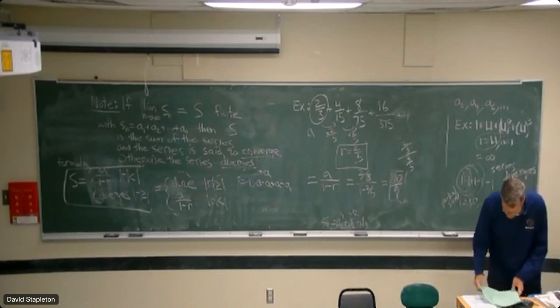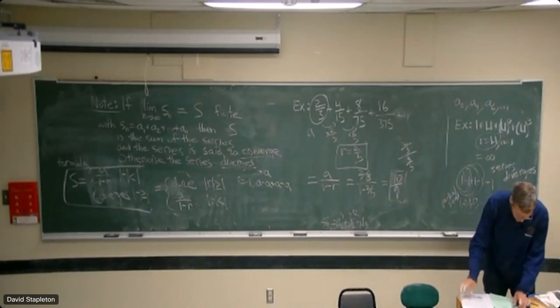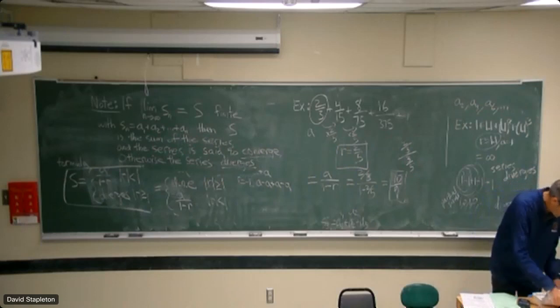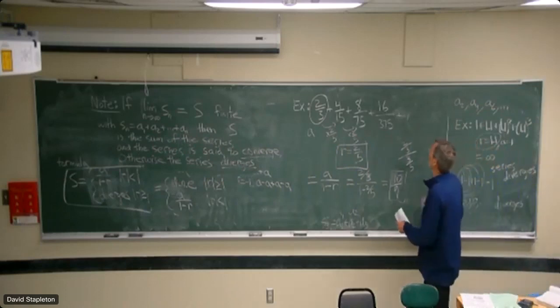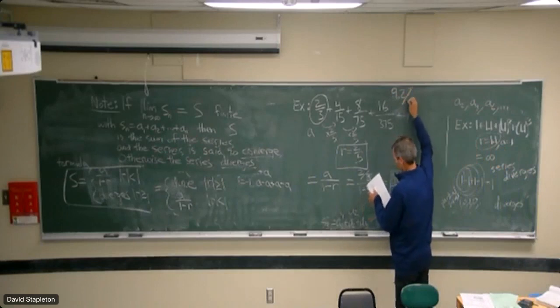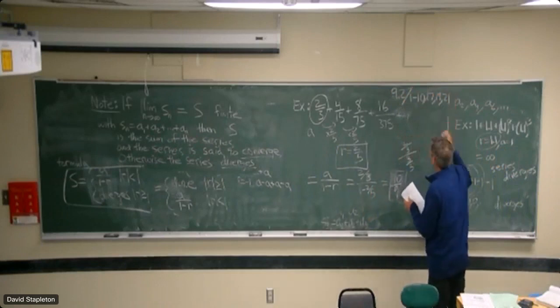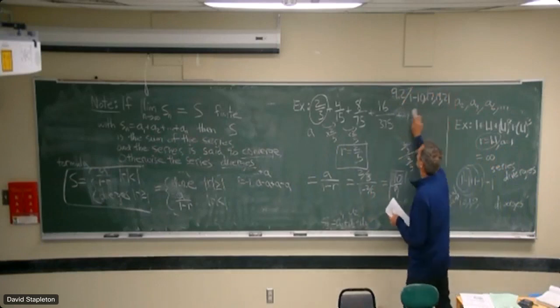Let's see, where's my list? Look at 9.2. This is on monotone sequences. It's pretty easy, I think. Do 1 to 10, 17, 19, and 21. We did a couple of those.